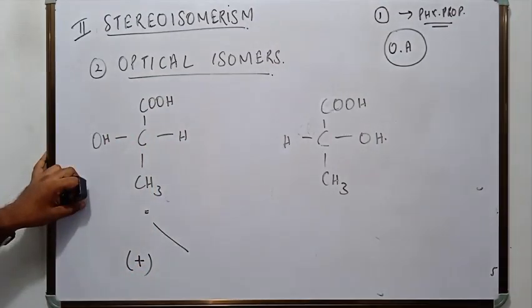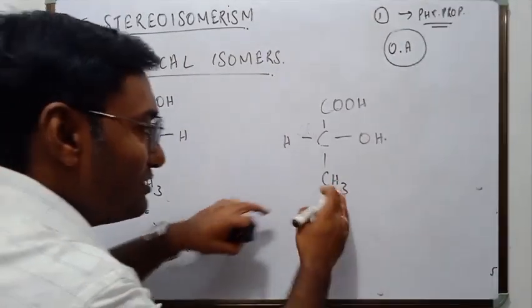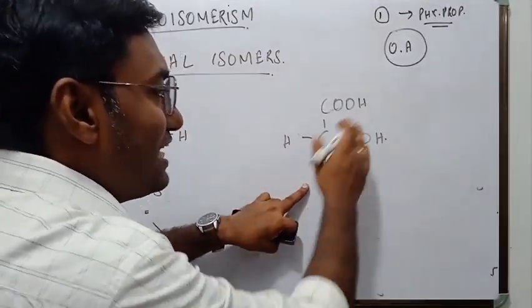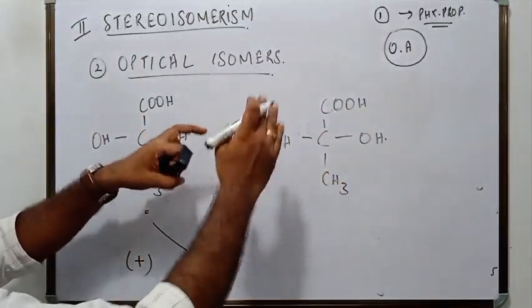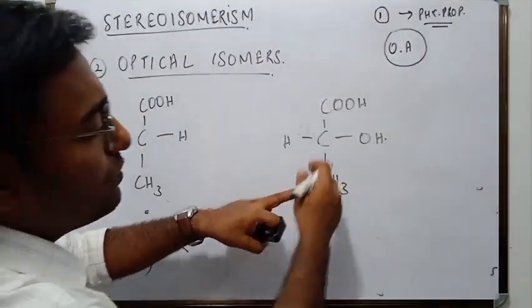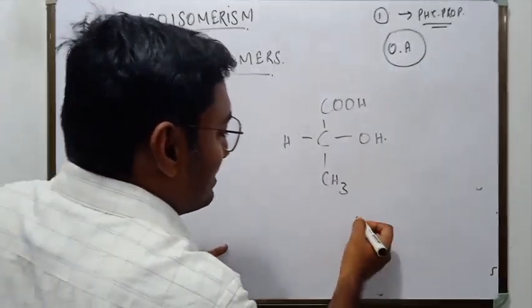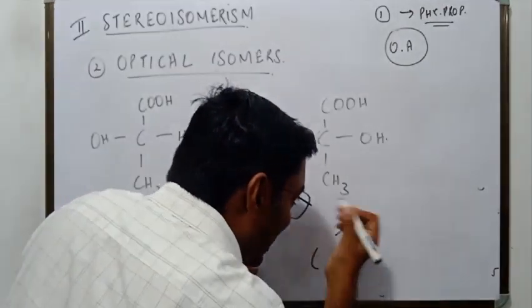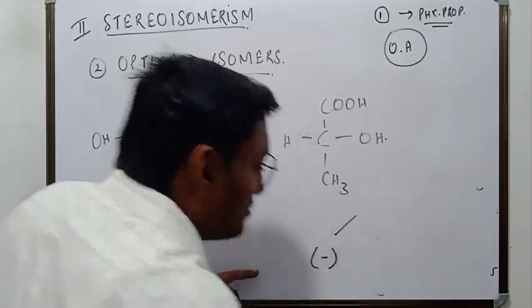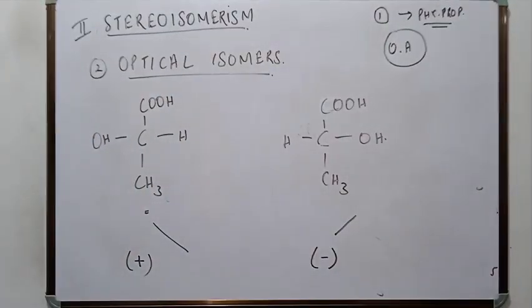And the other isomer, assume it to be this, exhibits an optical activity that rotates the plane of polarized light towards the left direction, and therefore that isomer is referred to as the minus isomer or the levo isomer.